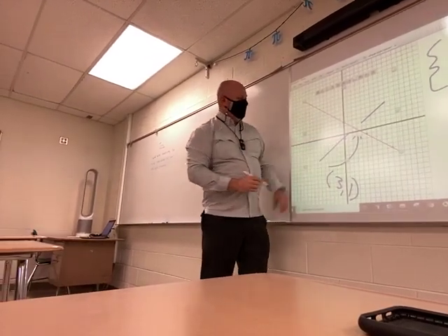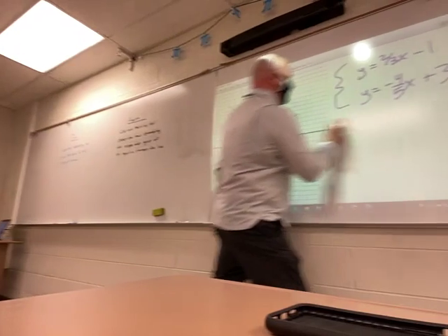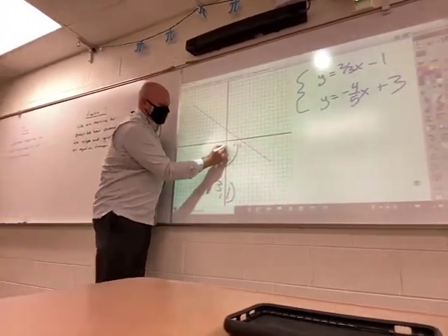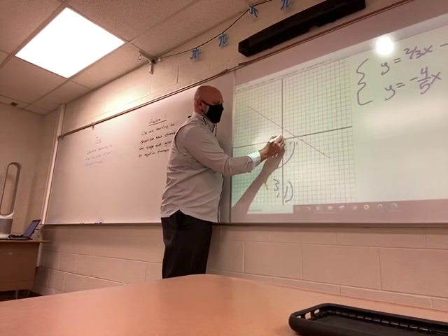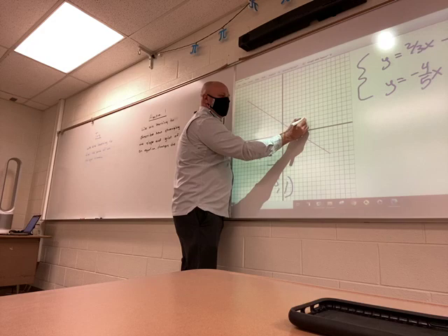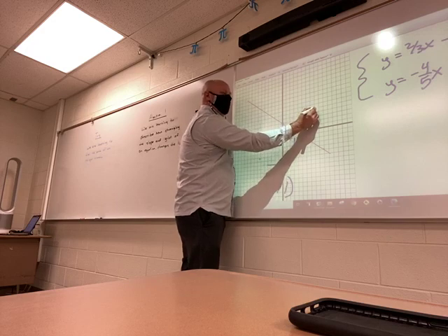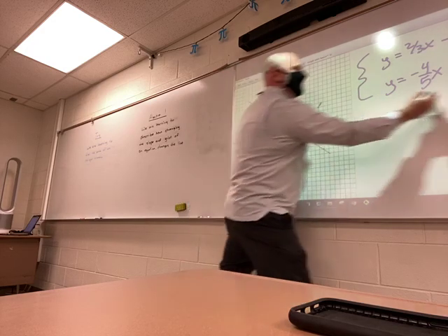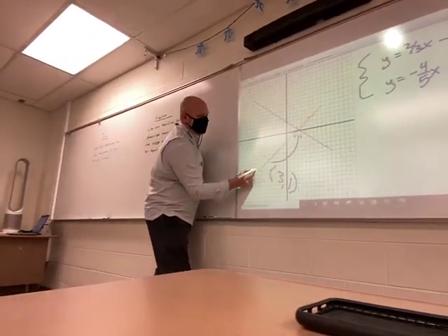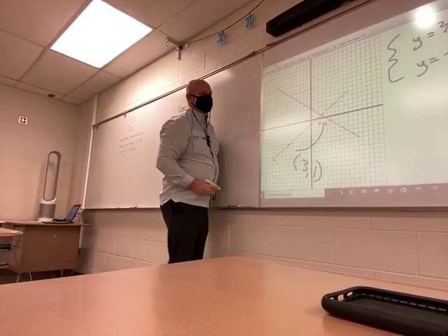And then this line here, I know it went through down 1, and it went up 1, 2 over 1, 2, 3. Up 1, 2 over 1, 2, 3. I know it basically looks like that.